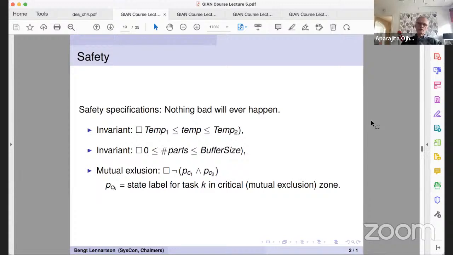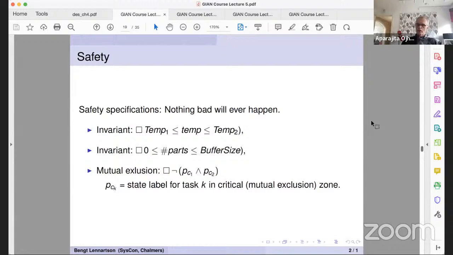Then you could ask, is the temperature always in this interval? That could be a safety specification. Another one is, is the number of parts in the buffer always limited to the buffer size, or is there a risk that you can get an overflow in your buffer, which of course is not desirable? You must avoid that.